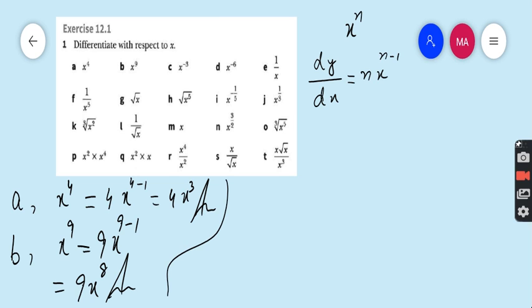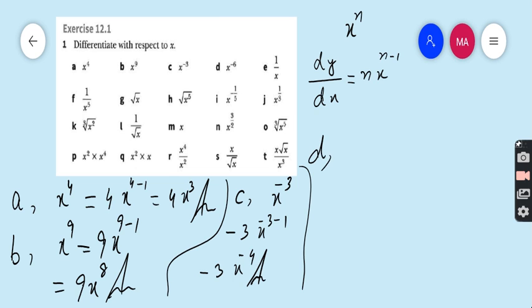Hope you understand. Part C, x to the power minus 3. Write the power first and subtract 1 from the power. Minus 3x, minus 3 minus 1 is minus 4. This is our final answer.